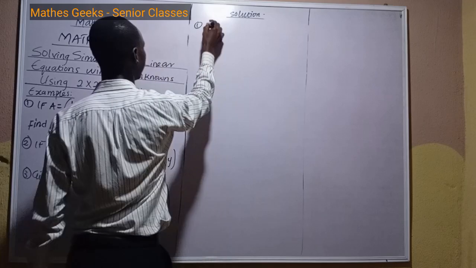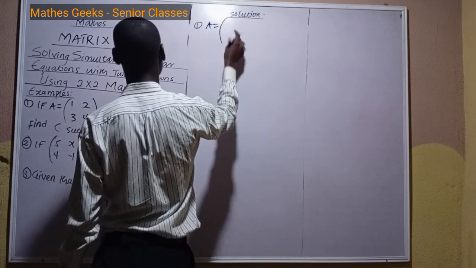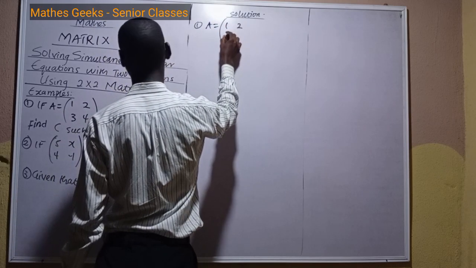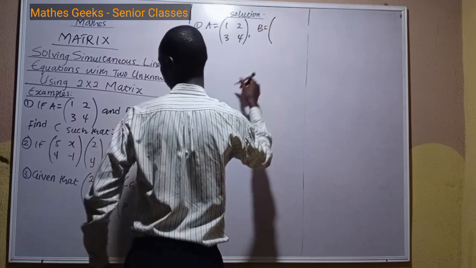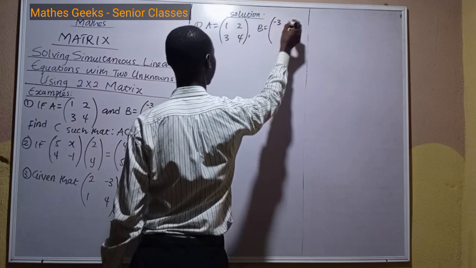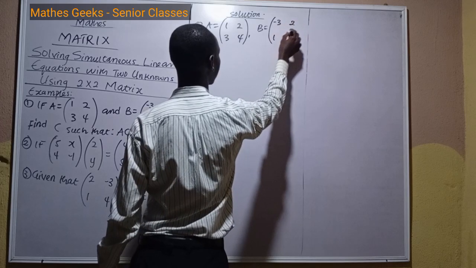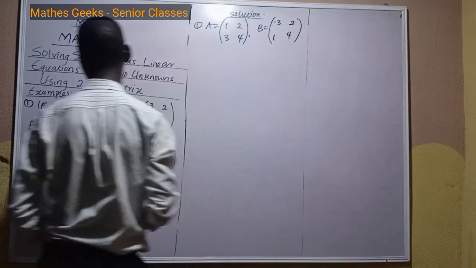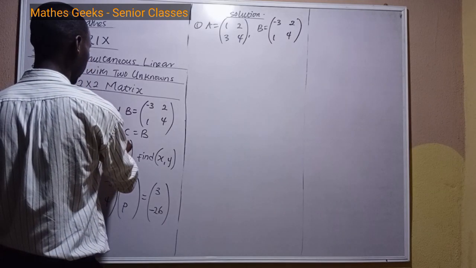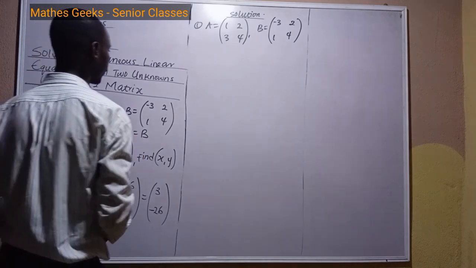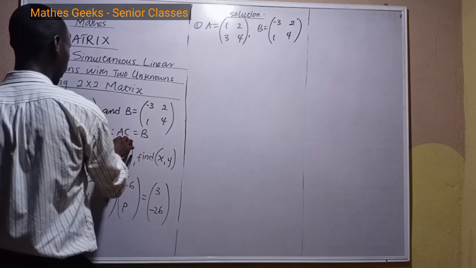So if A is equal to matrix 1, 2, 3, 4, and B is equal to minus 3, 2, 1, 4, find matrix C such that matrix A times matrix C, AC, is equal to matrix B. Now, we don't know what matrix C is.